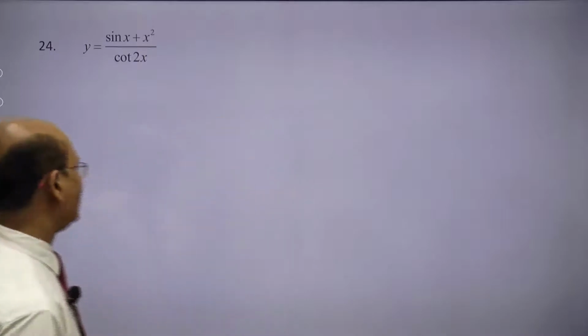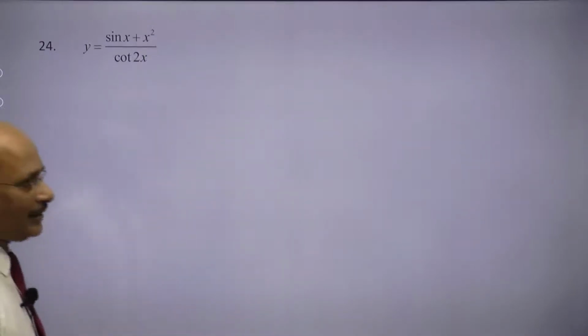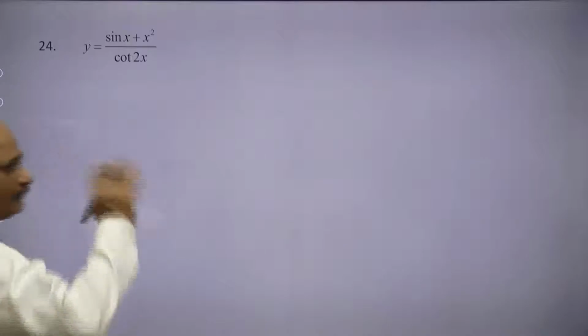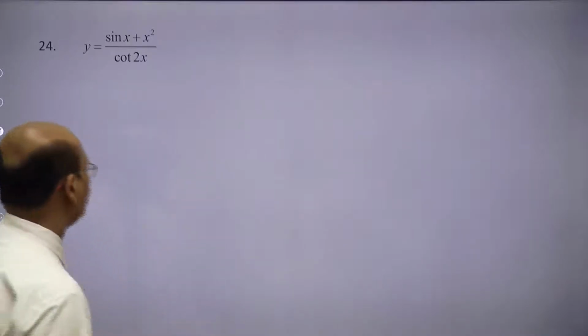Okay guys, next question now quickly. I am moving a little bit faster, you must have understood from the speed, right? But fine, now I think you are a little bit well versed with this chapter of differentiation.